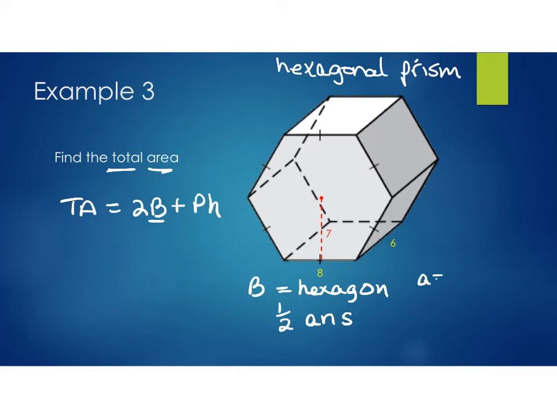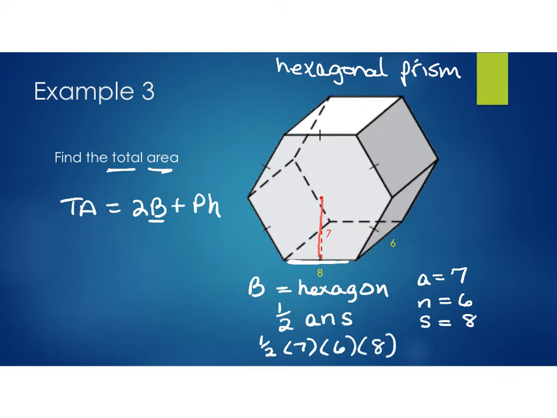My apothem is 7. It's right here in this red. My number of sides, it's a hexagon, so it's got 6 sides. And the side length is the 8 over here. So I can find the area of the base. So 1/2 times 7 times 6 times 8.